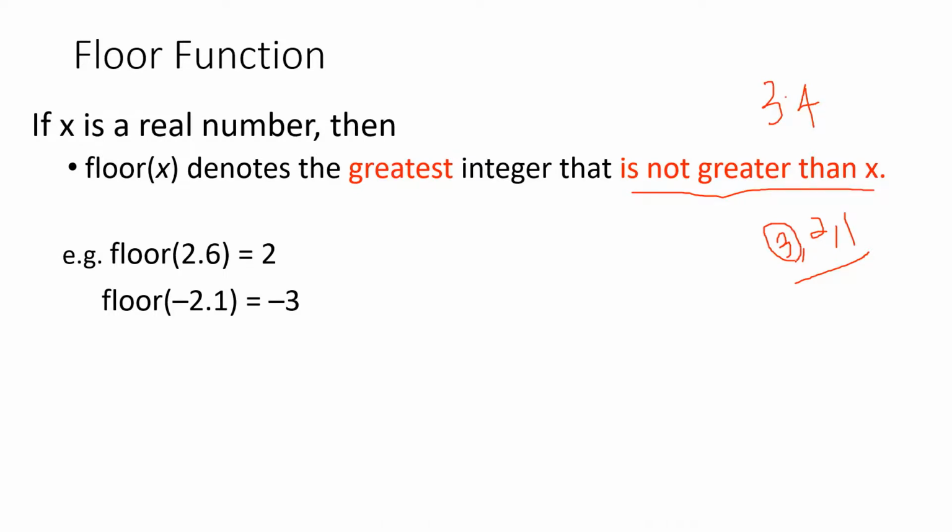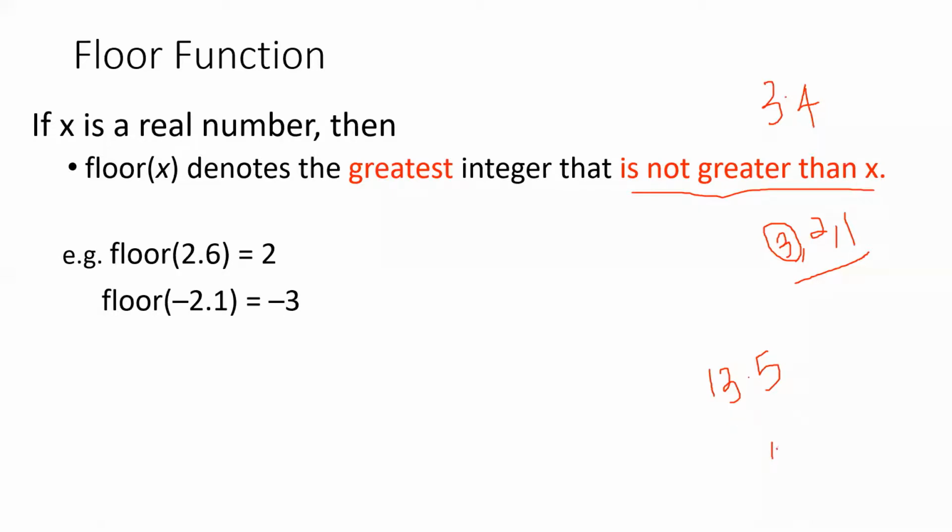One more example, can you give? 13.5. So when you take 13.5, as I told, you first consider the second part of the definition. What type of number is it? It is a real number. You have to find all the integers that are not greater, which means lesser than 13.5.